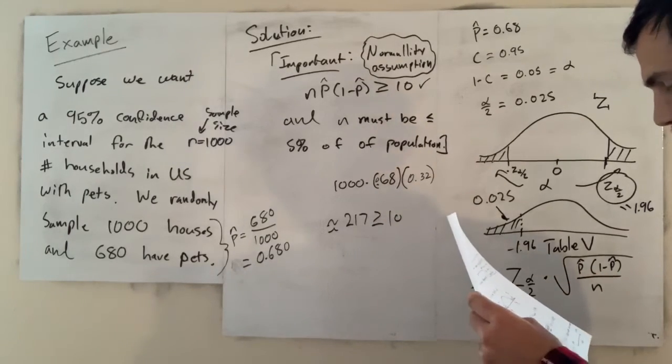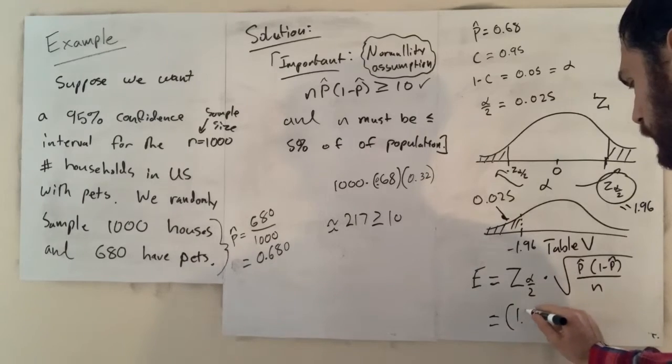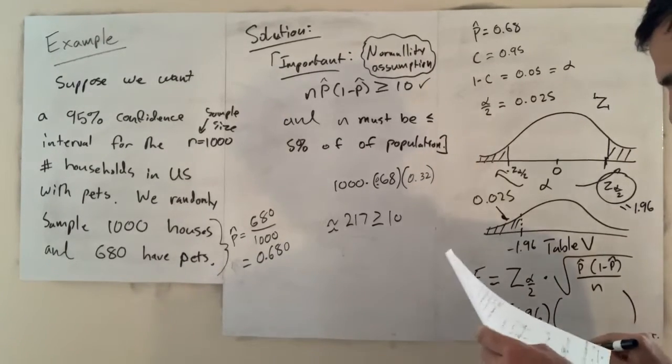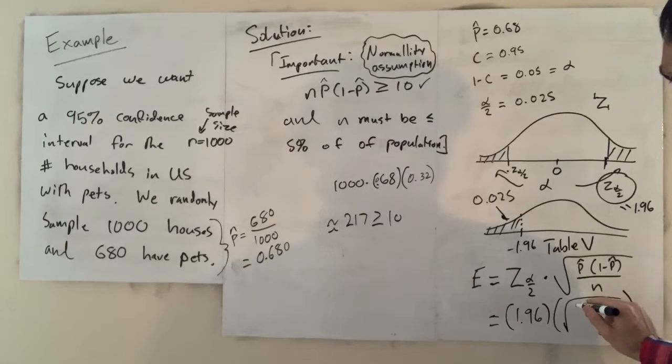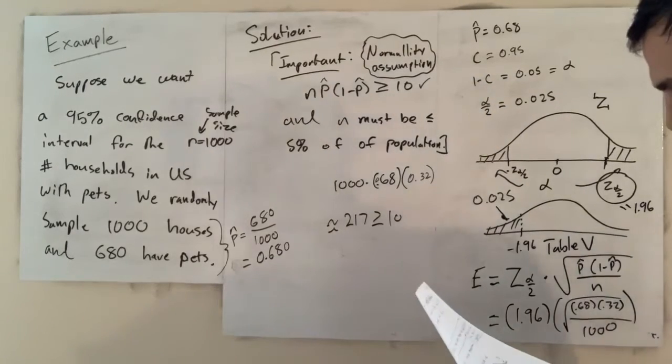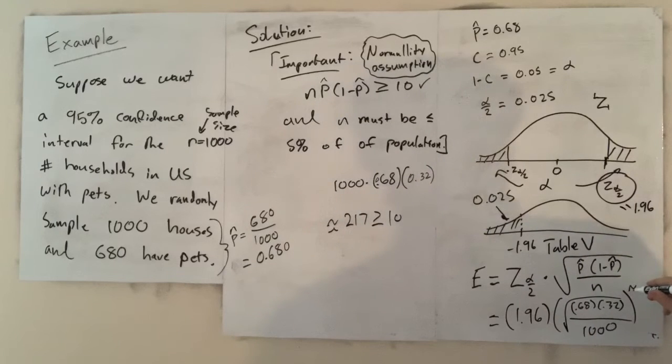When you plug in the numbers, you're going to get 1.96 times the square root of 0.68 times 0.32 all over 1,000. And what you should get is approximately 0.0289. That's what I got.